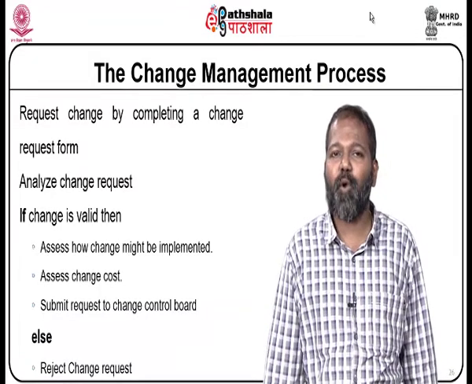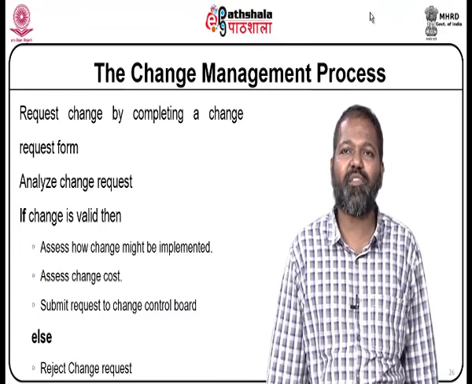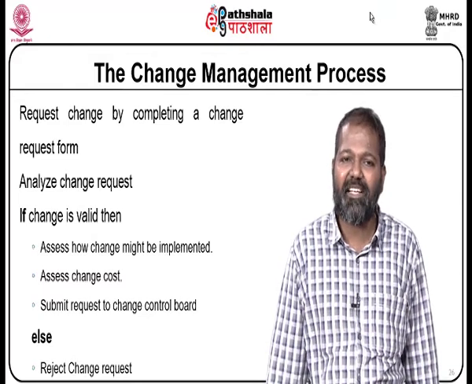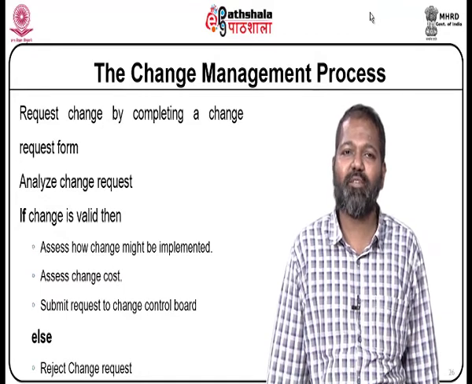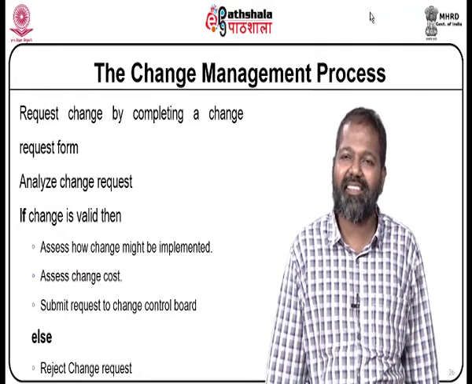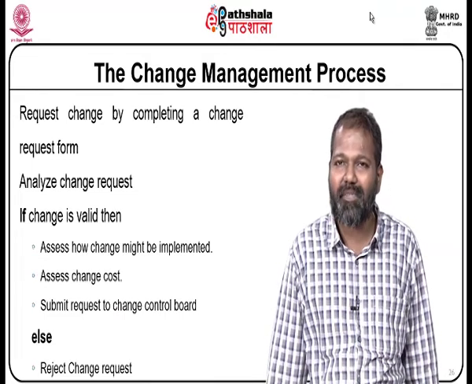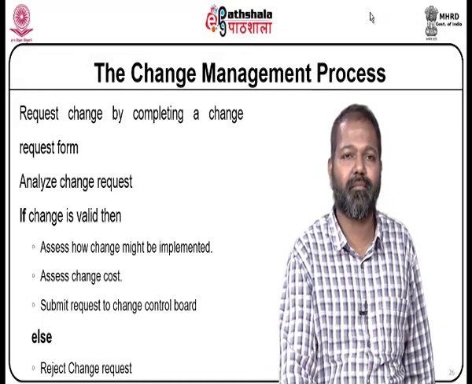The change management process requests change by completing a change request form. Analyze change request. If change is valid, then assess how change might be implemented. Assess change cost. Submit request to change control board, else reject change request.